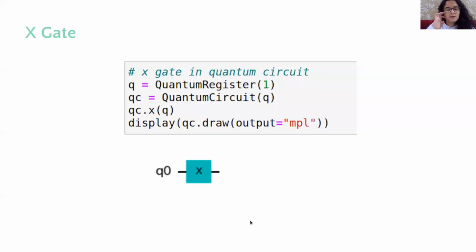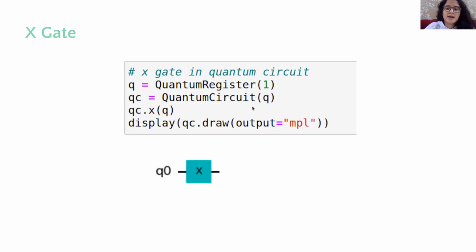If you want to implement the X gate in Qiskit, we simply need to create a quantum circuit with just one quantum register because we're talking about single qubit gates. Therefore, we initiate a variable q, which is one quantum register, defined by this parameter 1 over here.